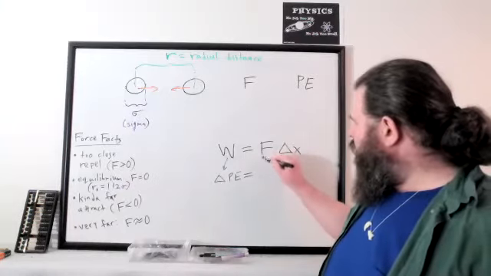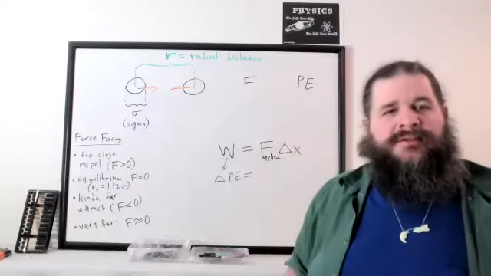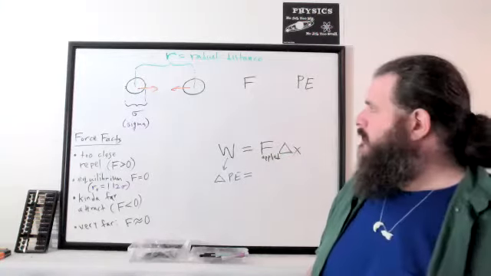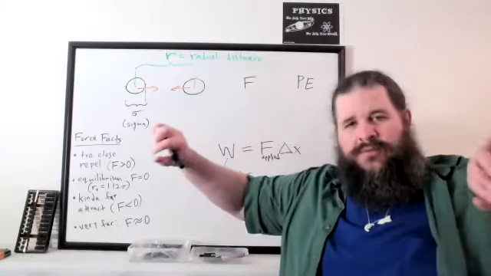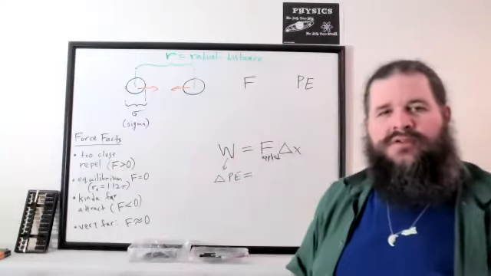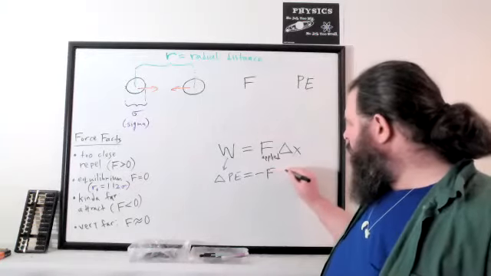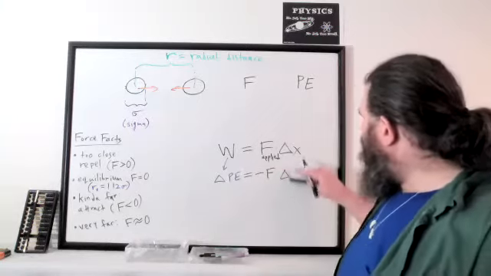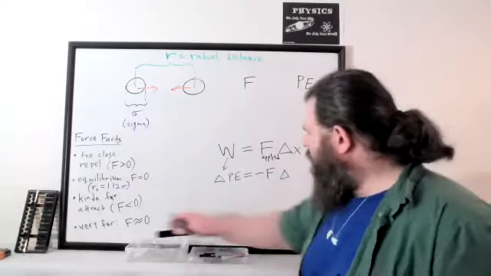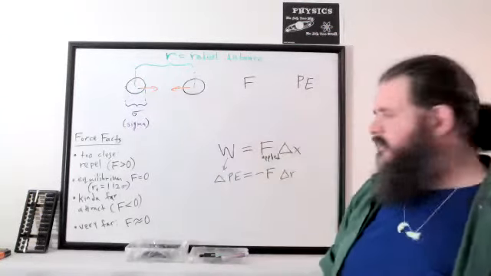And that force is the force you're applying. But the force you're applying is the opposite of the natural force. For instance, let's say the particles are attracting each other. You have to pull them in the outwards direction to cancel out the inwards force. So the force you're applying is the opposite of the natural force. Also, I'm going to call this delta R in this case, because the distance we're talking about is R, the distance between molecules.